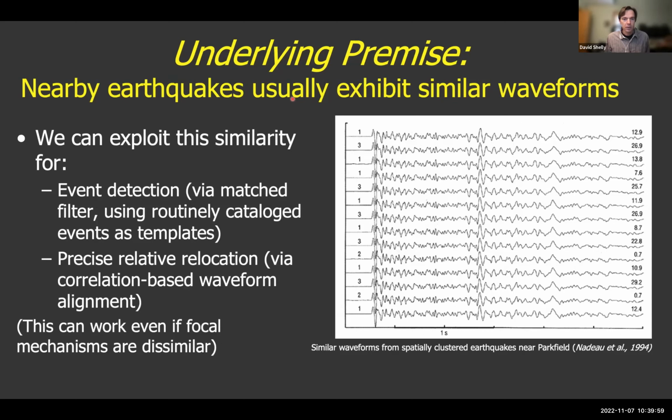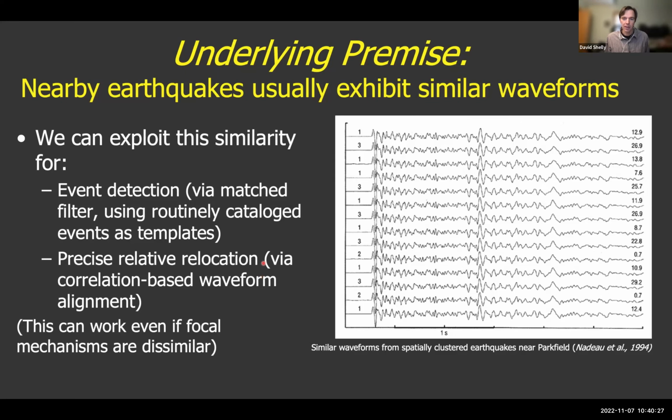So we can exploit these waveform similarities for event detection via matched filter, using routinely cataloged earthquakes as waveform templates. We can use this for precise relative relocation by aligning waveforms using cross correlation. And notably, these techniques can work even if focal mechanisms are dissimilar.